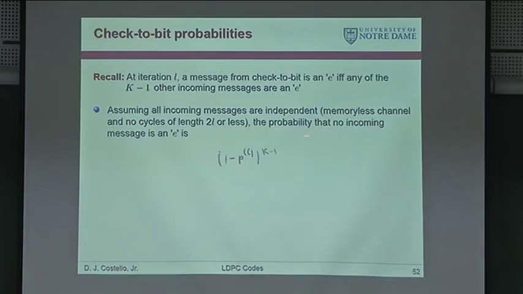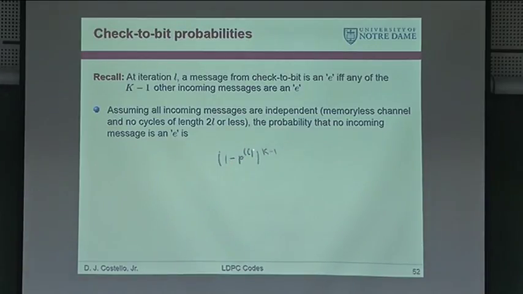The probability that no incoming message is an E. P sub L would be the probability that an incoming message is an E. By the way, these L's aren't very visible, I know, in the notes. So these superscripts are L's. And this is, of course, k-1.